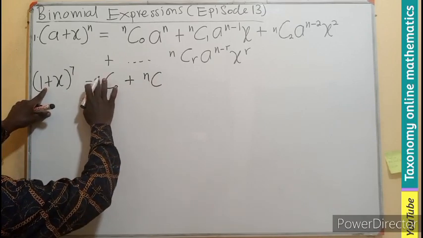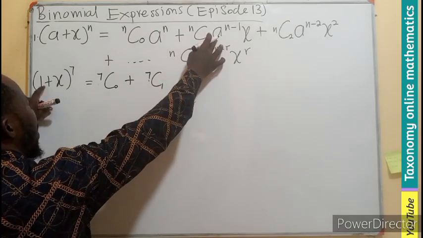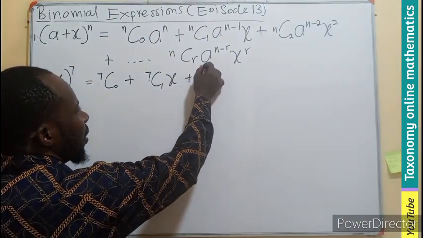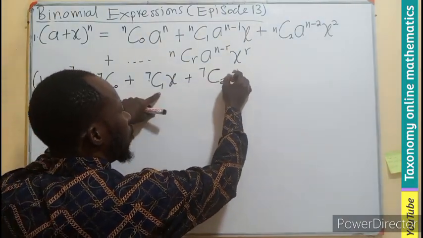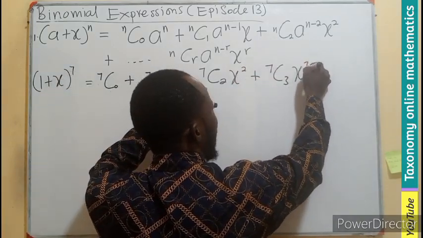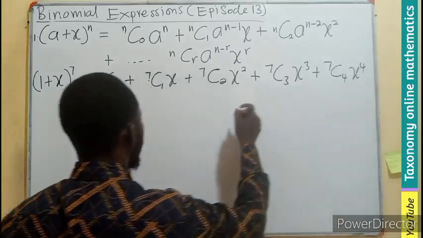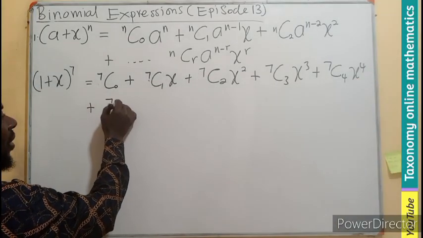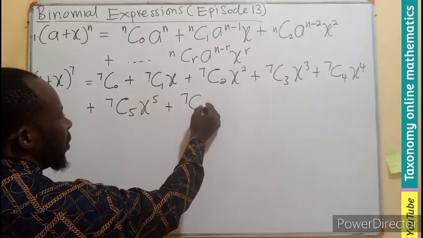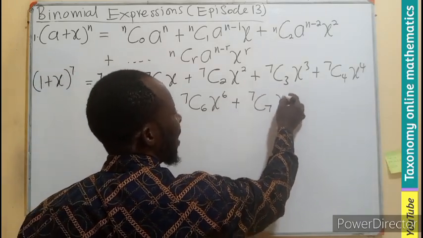So now we are going to have this as the first term. 1 is ignored, so we go to plus. Let's begin with 7, since n is 7. 7C1 x to the power 1, 7C2 x squared, 7C3 x to the power 3, 7C4 x to the power 4, plus 7C5 x to the power 5, 7C6 x to the power 6, 7C7 x to the power 7.